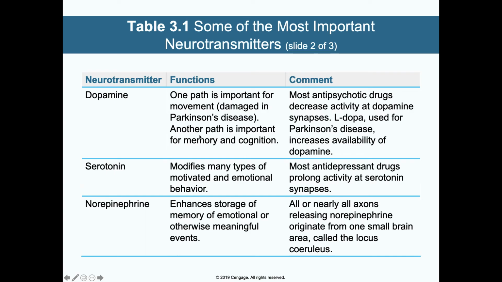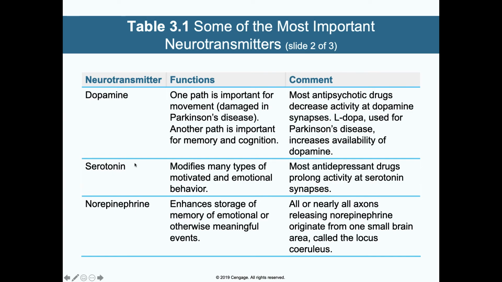And if there is a decrease in dopamine, then that's when we have issues with someone who has Parkinson's. They have too little dopamine in their system. And so one of the things that is used is something called L-DOPA, which tries to increase the amount of dopamine available for someone with Parkinson's to deal with the movement issues, okay?